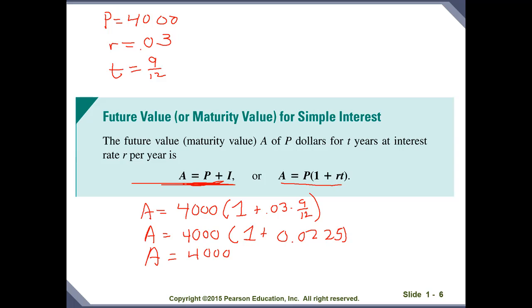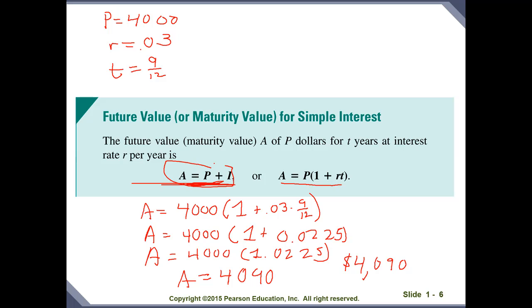And when we multiply 4,000 times 1.0225, we get 4,090. Remembering our dollar sign for our final answer, we see that Maggie will pay back a total of $4,090. Again, if you're figuring out the amount of interest separately, it's going to be quicker just to add that to the principal.